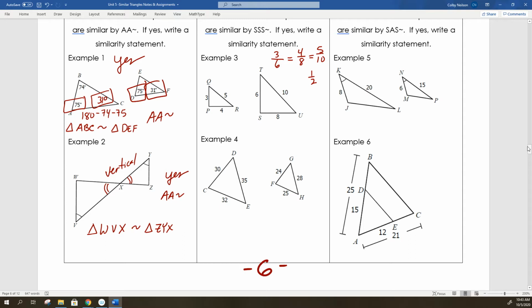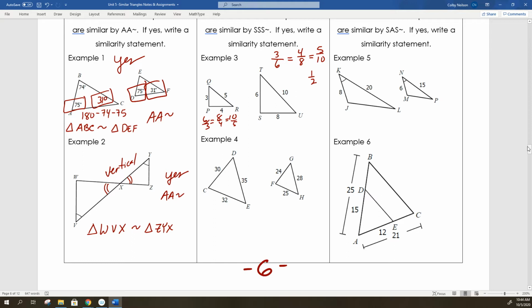Now, I could have done it the other way. 6 over 3, 8 over 4, and 10 over 5. Those would all have reduced to the same number, right? It depends on which direction I'm comparing them. Am I comparing the smaller one to the bigger one, or the bigger one to the smaller one? In this case, it doesn't really matter because it's not asking me that. It's just saying, are they similar?